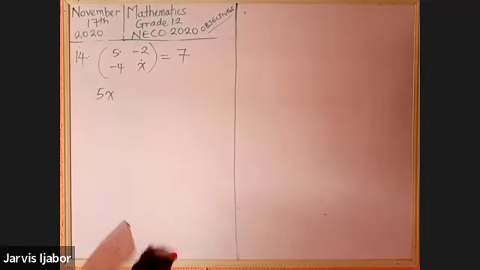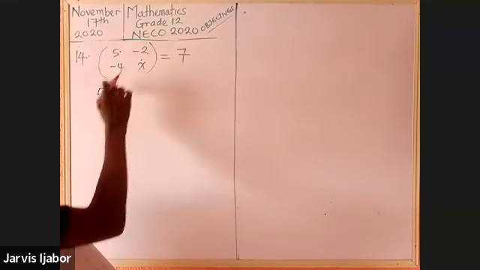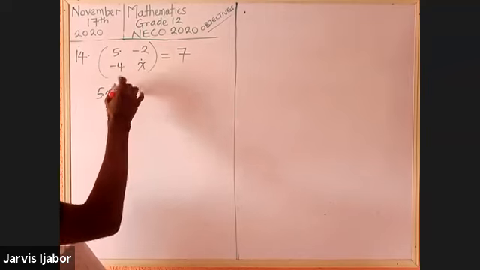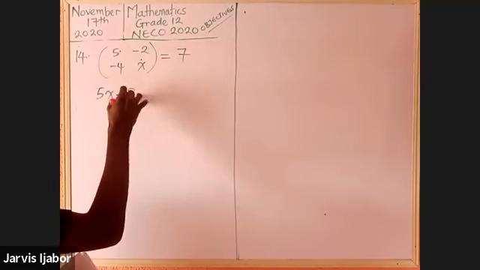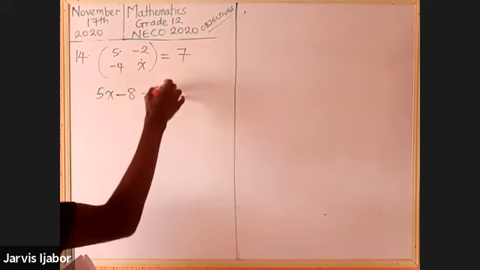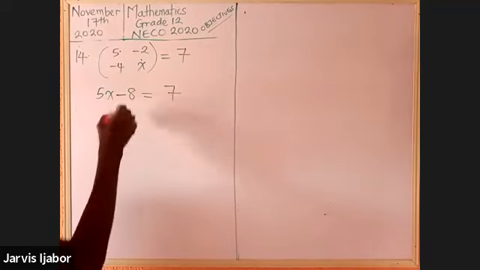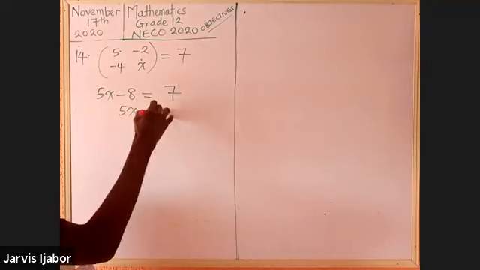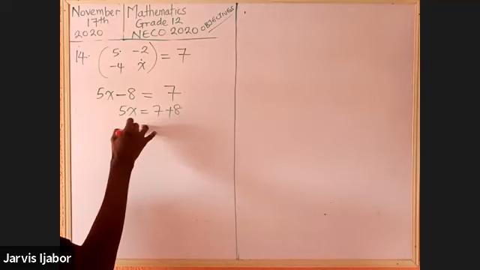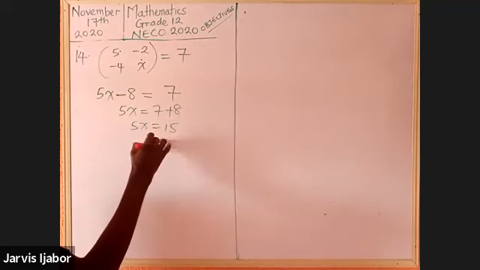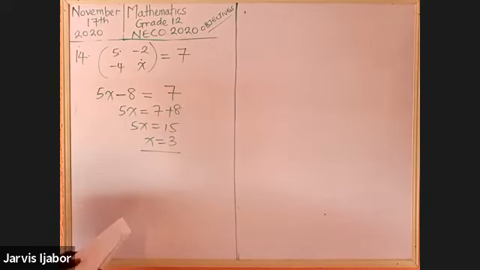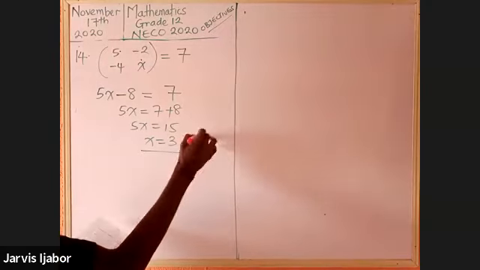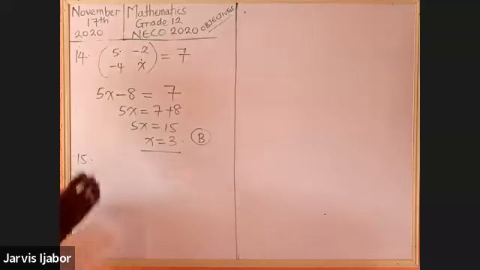So multiply this with this, you get this, minus multiply this with this, you get 8, and then equate it to 7. So this will give you 5x equal to 7 plus 8, and that 5x will now be equal to 15, and x will be equal to 3. So that option will be B.